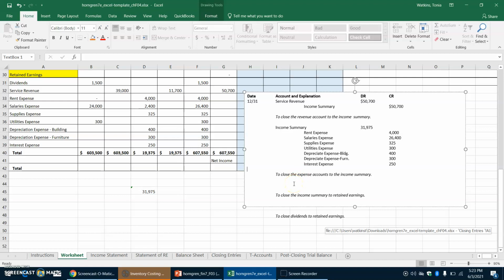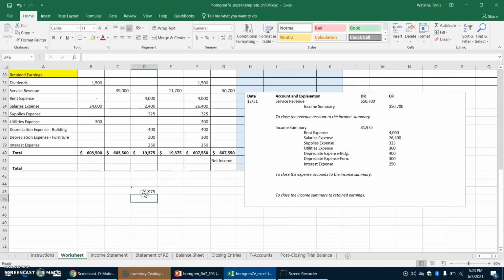So now our third step is to close the income summary account because now that account has a balance. Okay, so I'm going to show you. I'm going to put up an income summary T account. Okay.